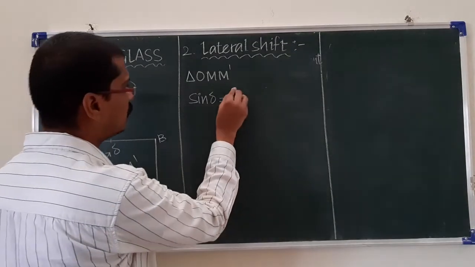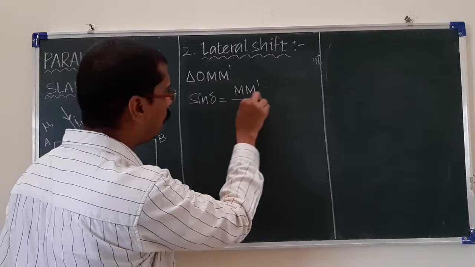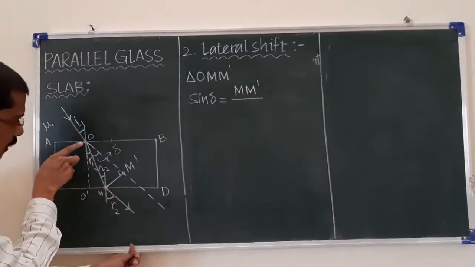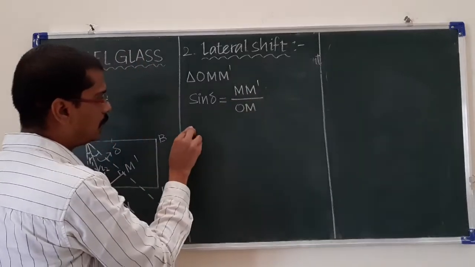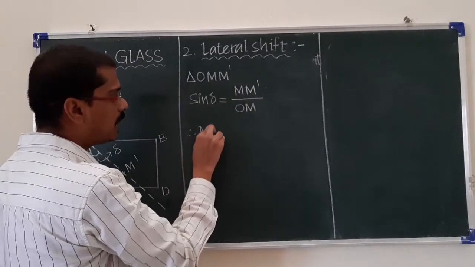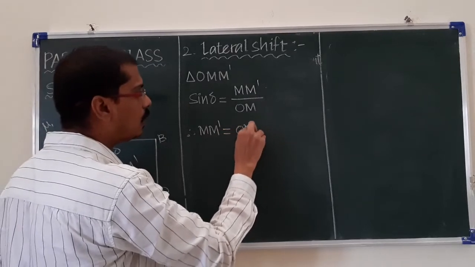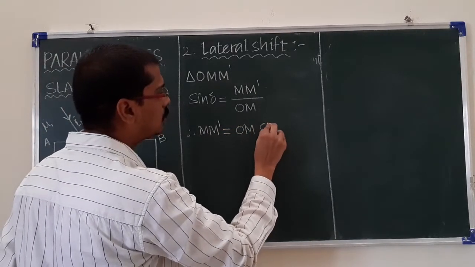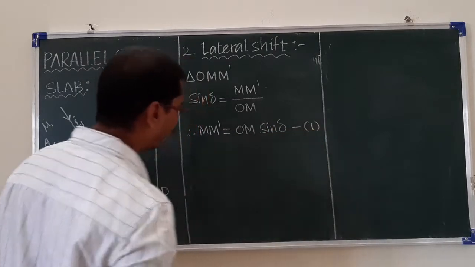That opposite is M dash, upon hypotenuse. This hypotenuse is O M. Therefore M dash, the lateral displacement, we need to find out, is O M sine rho. Say equation number 1.